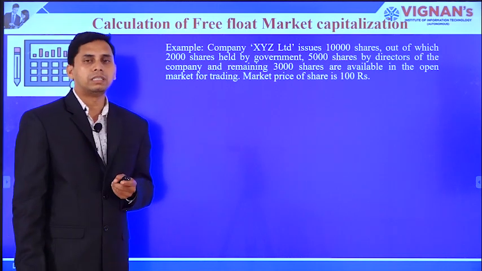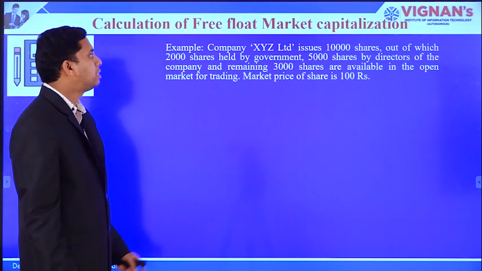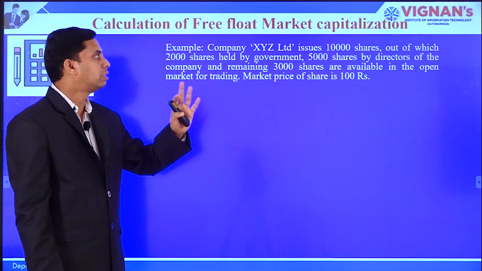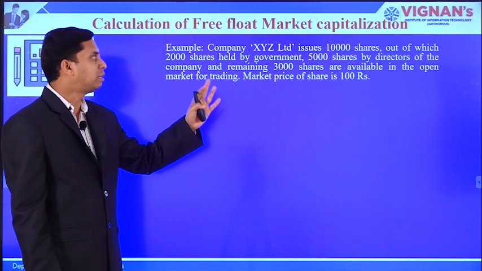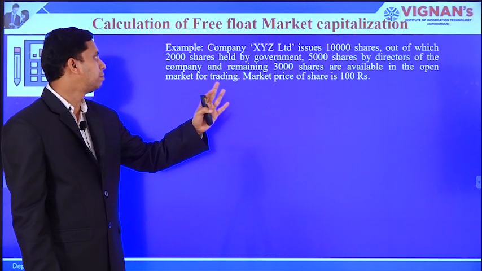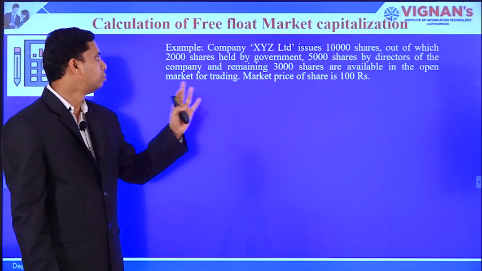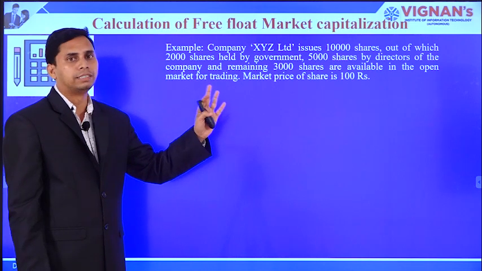I'll tell you the concept with a small example. There is a company, XYZ Limited, which issued 10,000 shares, out of which 2,000 shares are held by the government, 5,000 by directors of the company, and the remaining 3,000 are available in the open market for trading, and the market price of the share is 100 rupees.